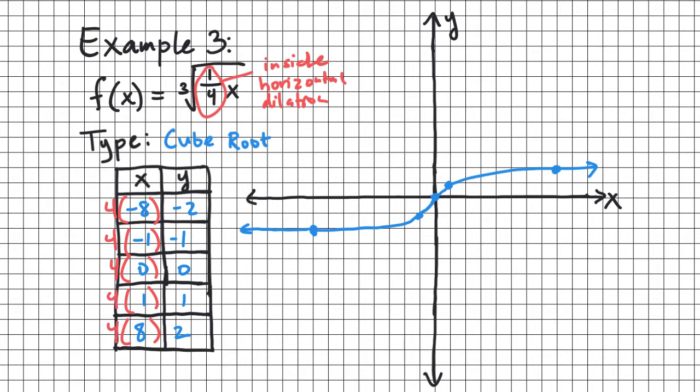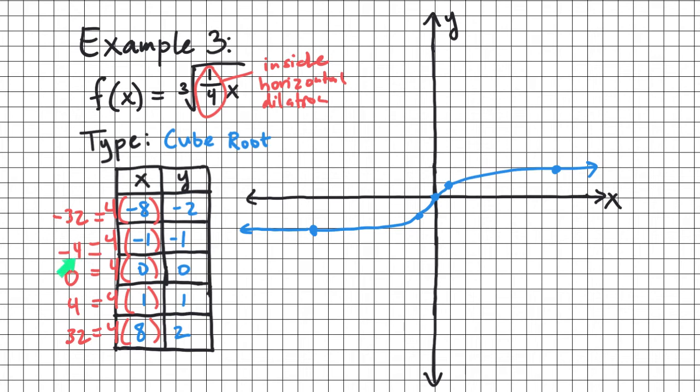So -8 times 4 is negative 32. This is -4. This is 0. This is 4. This is 32. So we probably won't be able to go to 32 because it's too far. But at least we can do the other ones.